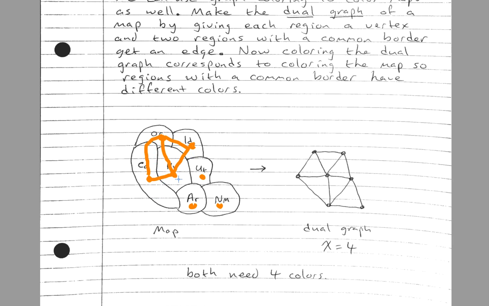There's no edge between California and Utah, since they don't have a common border. You can see Nevada is connected to all the other states here except for New Mexico. And New Mexico, leaving out the other states, is just connected to Utah and Arizona here. So we get this dual graph.